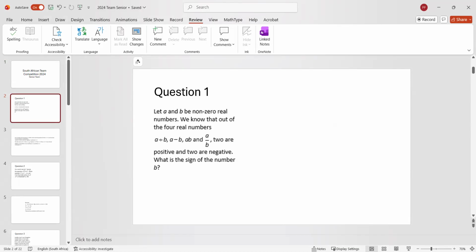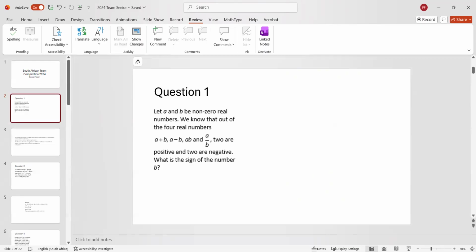All right, one of the things we have to notice is that if AB is positive, it means that either A and B are both positive or A and B are both negative. And also that AB and A over B have the same sign.